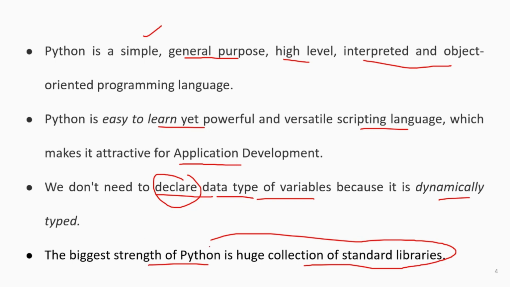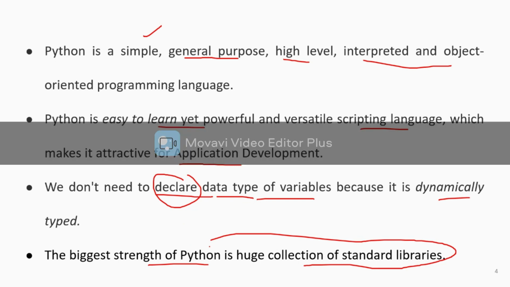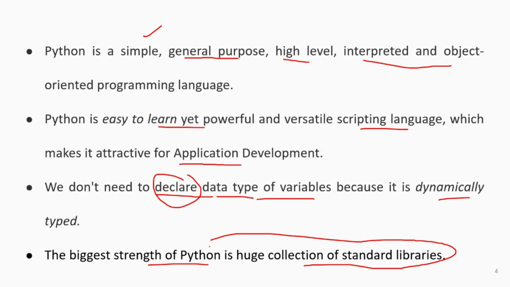Then for array operations, we have the NumPy library. Like that, we have a huge collection of standard libraries available for Python. That is the biggest strength of Python. We will see one by one how we can make use of these standard libraries for our purpose.